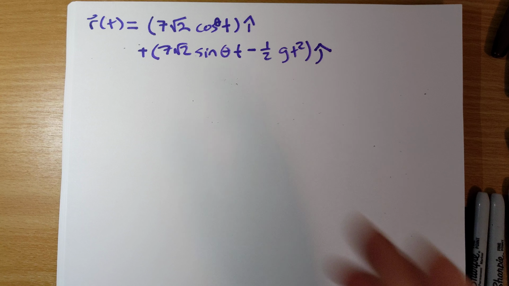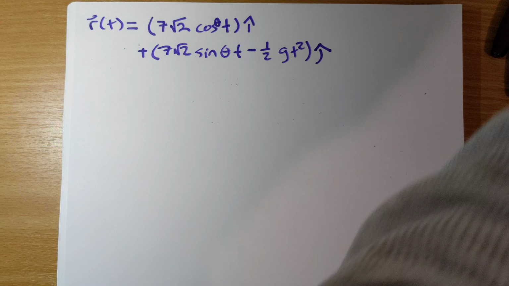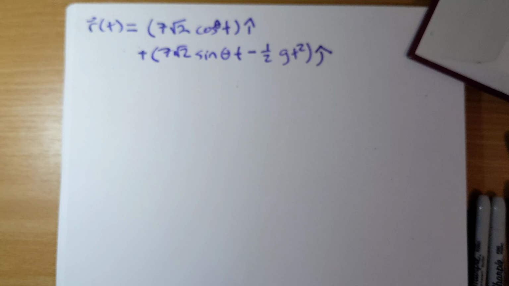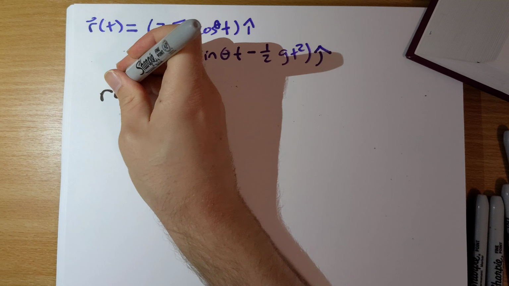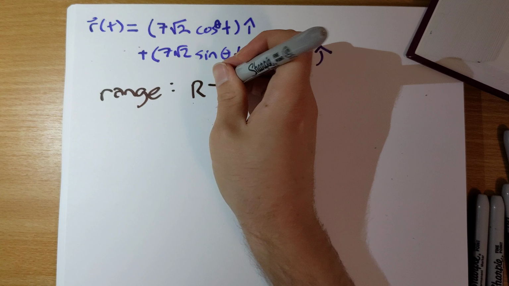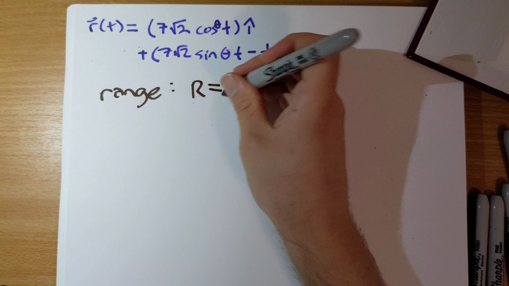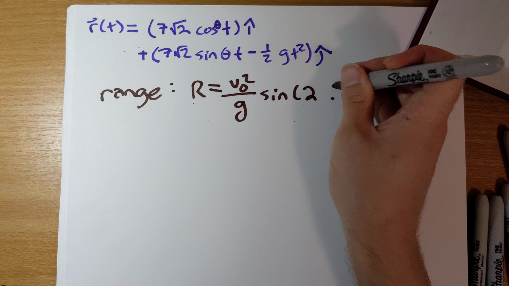Okay, so this is our new projectile motion, and we want now the range to be 6 meters. And so at this point, I'm just going to go ahead and pull out the textbook and refer to the formula for the range. We could rederive it if we wanted to. I'm just going to say the range R is equal to v naught squared over g times sine of 2 theta.